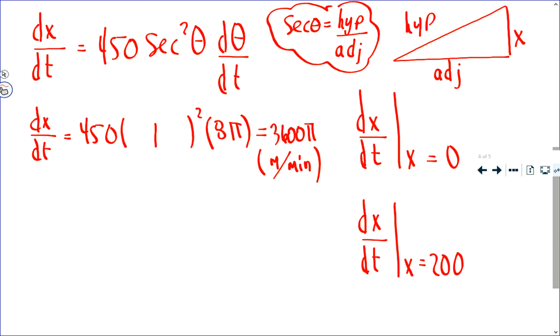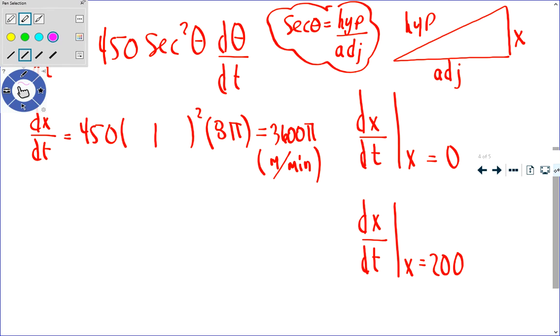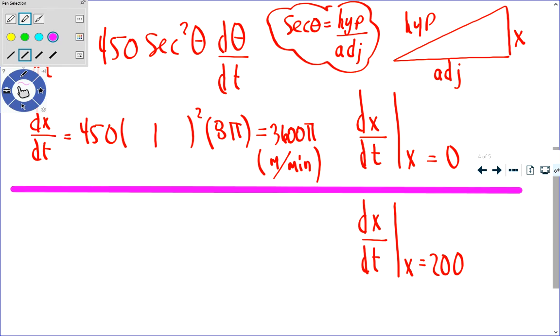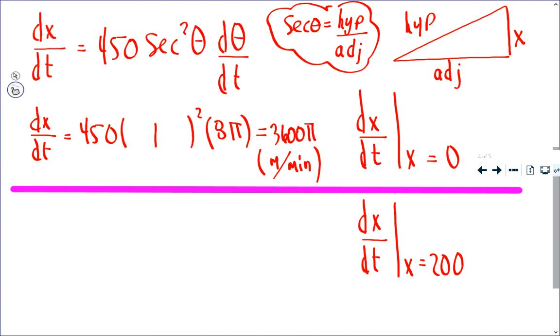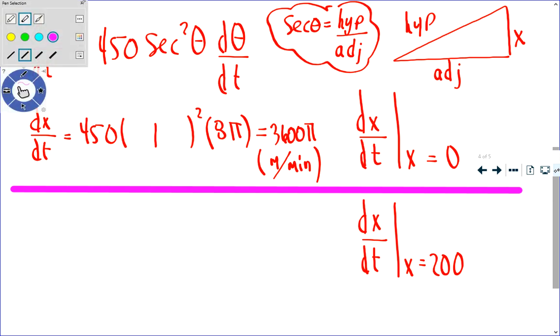That 3600 is 450 multiplied by 1 squared multiplied by 8. Now, when we find the answer to the next question, which is find dx dt when x is 200, we're going to go back to this triangle and the idea that secant is hypotenuse over adjacent.